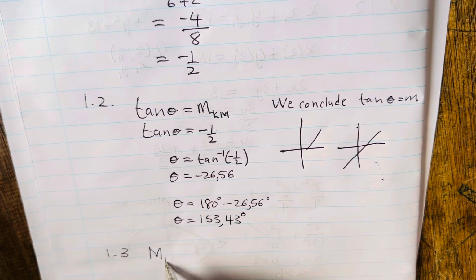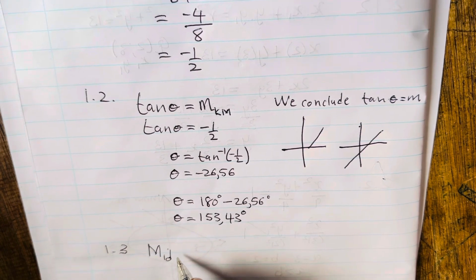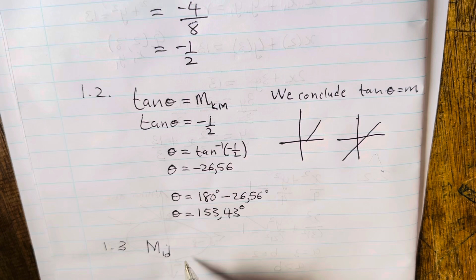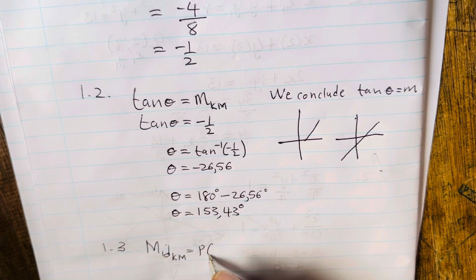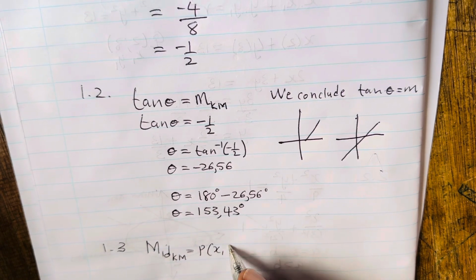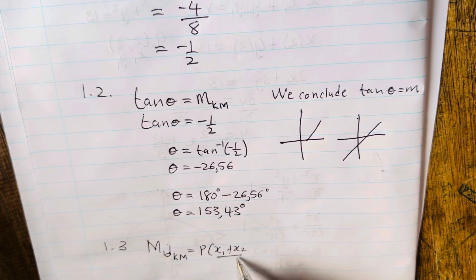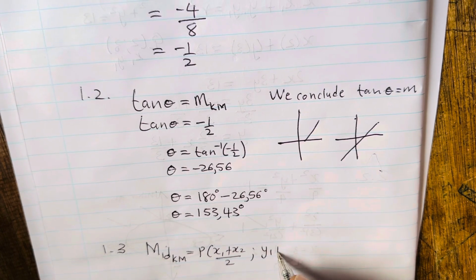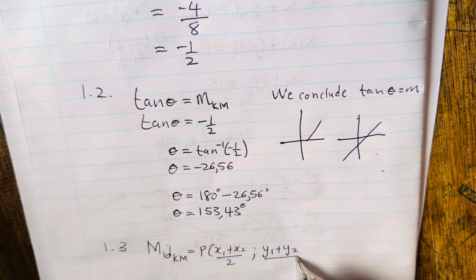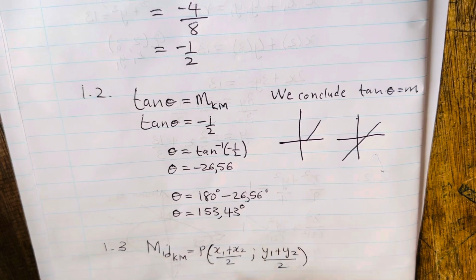I'm just going to show you how to write your midpoint. Mid of KM is equal to the coordinates of P, which is x1 plus x2 all divided by 2, and y1 plus y2 all divided by 2.